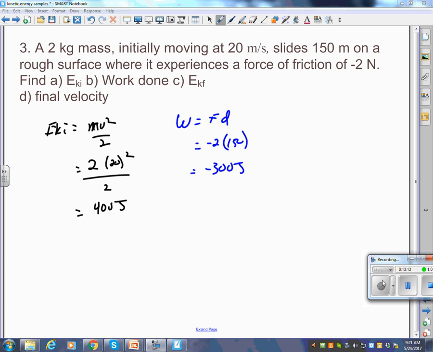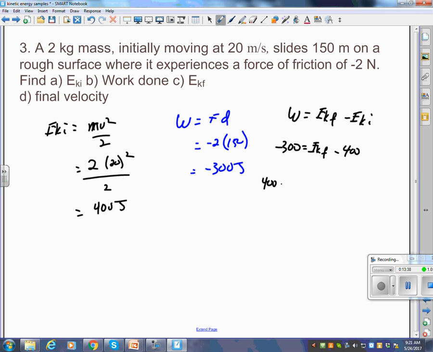Mathematically, algebraically, you should probably do this. EKF minus EKI. So that's minus 300. We're solving for EKF. And that's going to be minus 400. And when it goes to the other side, it becomes positive, right?